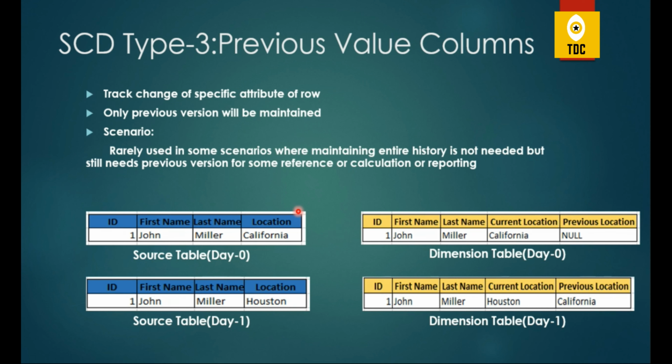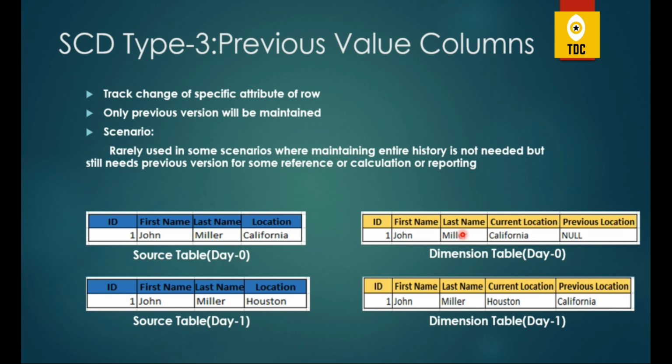This is rarely used, in some cases where maintaining the entire history is not needed, but the previous version is still needed for some reference or calculation or reporting. And this is actually not good in terms of data modeling, because here I'm talking about just the location. Imagine there is one more field called salary, and salary is getting updated. You will have to introduce two more columns, current salary and previous salary.